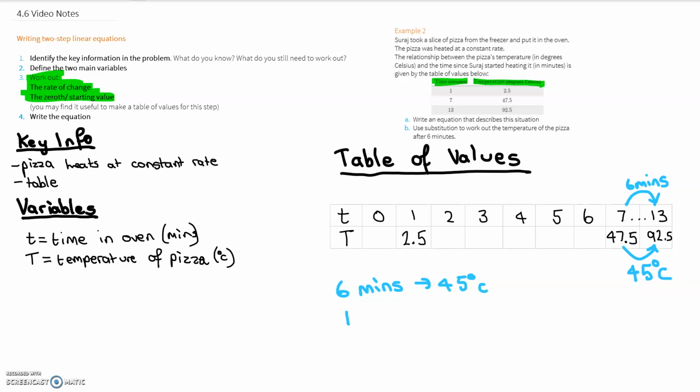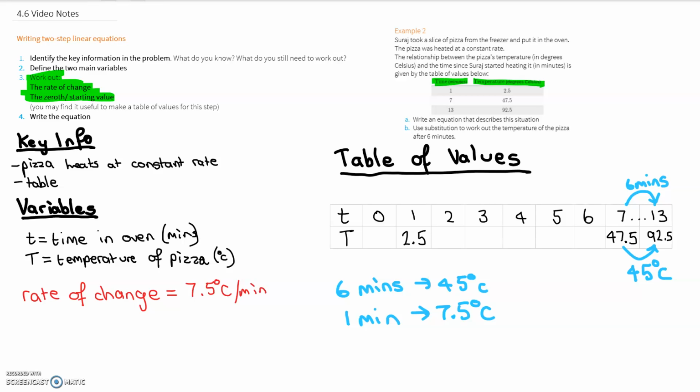So that means in 1 minute, we can just divide by 6 to work out that we gain 7.5 degrees. Right? And now that we know that we gain 7.5 degrees each minute, we've got our rate of change. So let's write that. So we know our rate of change is 7.5 degrees per minute.